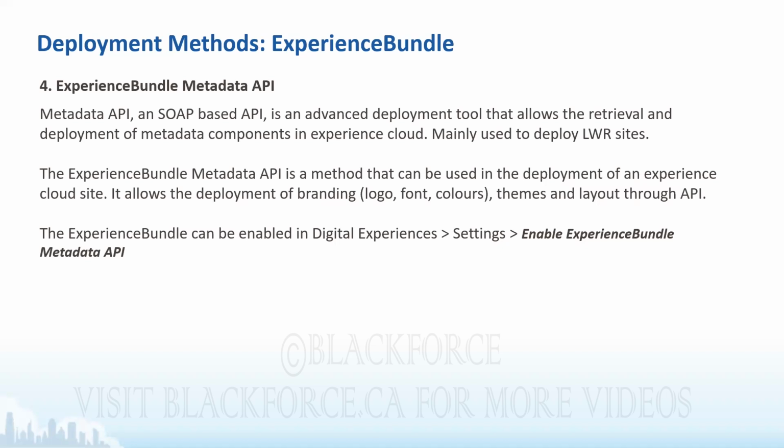It allows the deployment of branding, logo, fonts, colors, then themes, and layout through API. To enable Experience Bundle, you can do that from Digital Experiences, Settings, and then you check off Enable Experience Bundle Metadata API. I can show you where that is.